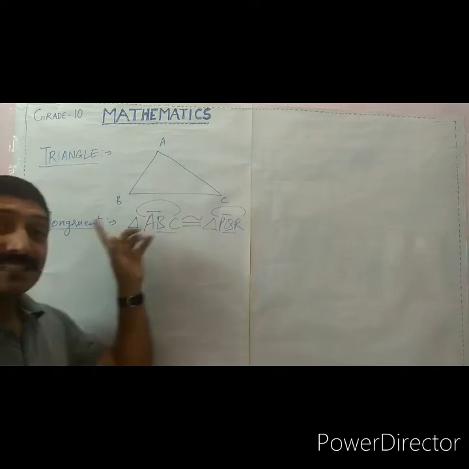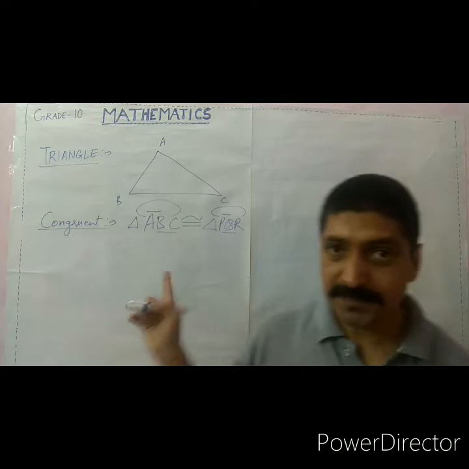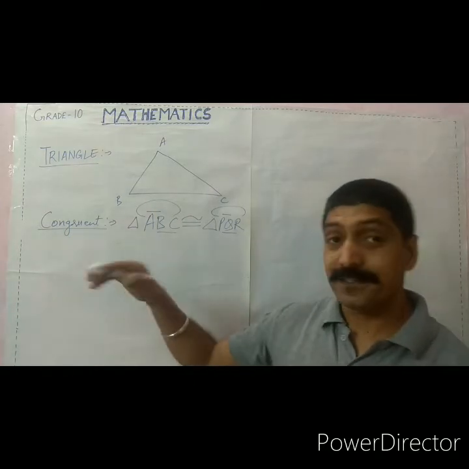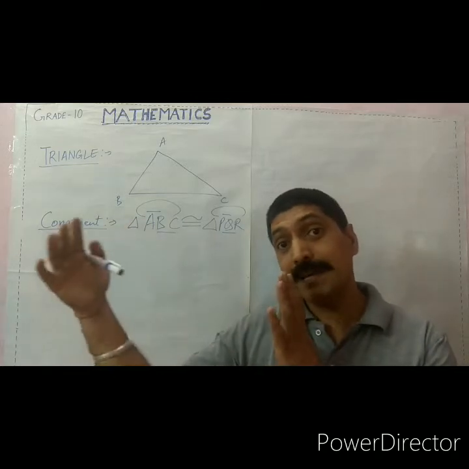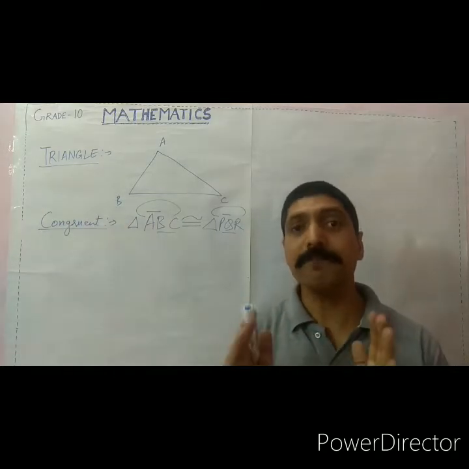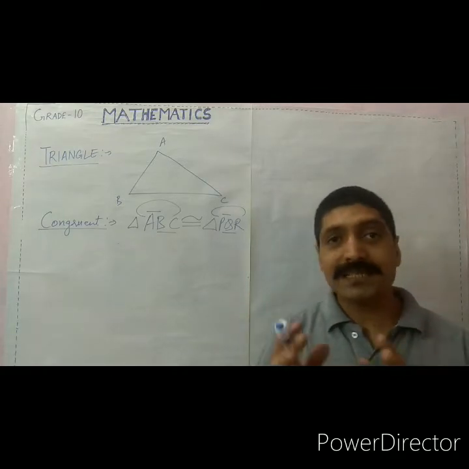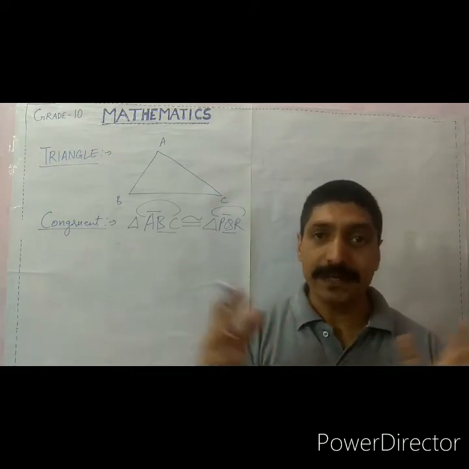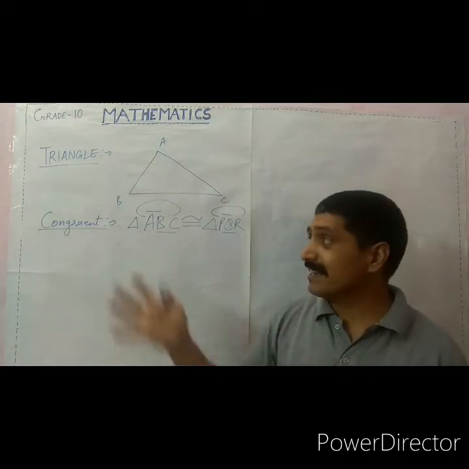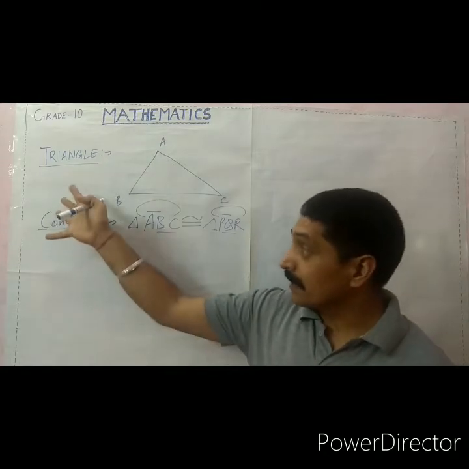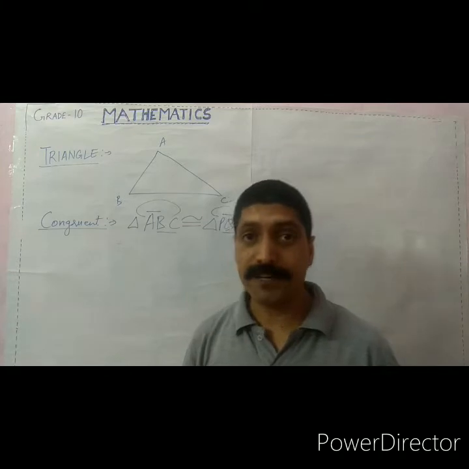Congruent means same shape, same size. Similar figures need not be of the same size. In similar figures, the shape will be the same, but the size may vary. Size may be different. So, dear students, in grade 9, we have studied some other properties of a triangle.